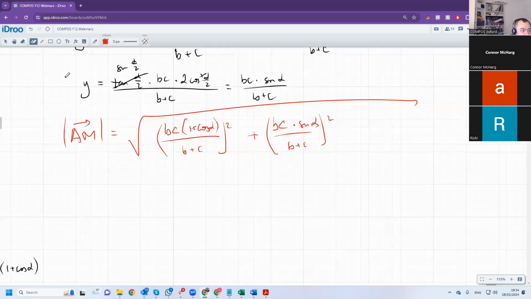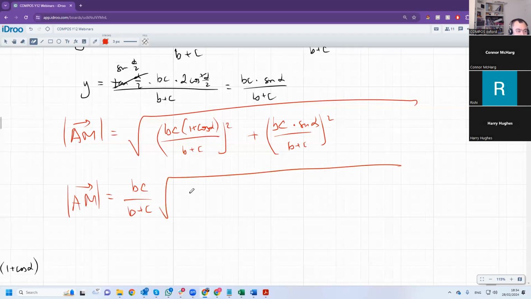because a lot of stuff just comes out of the square root. So this bc can be taken out over b plus c, and we're left with 1 squared plus 2 cos alpha plus cos alpha squared plus sine squared alpha.